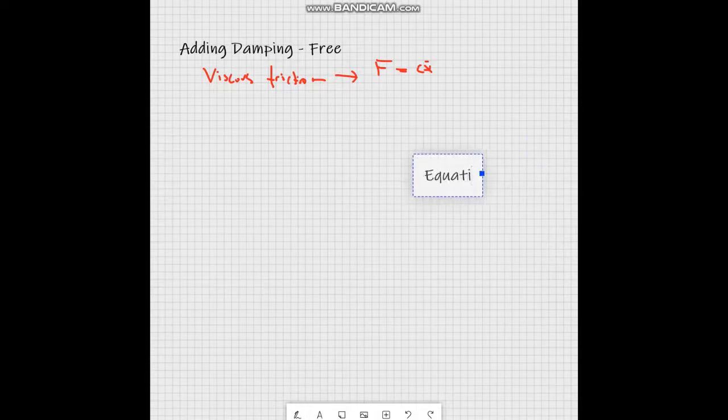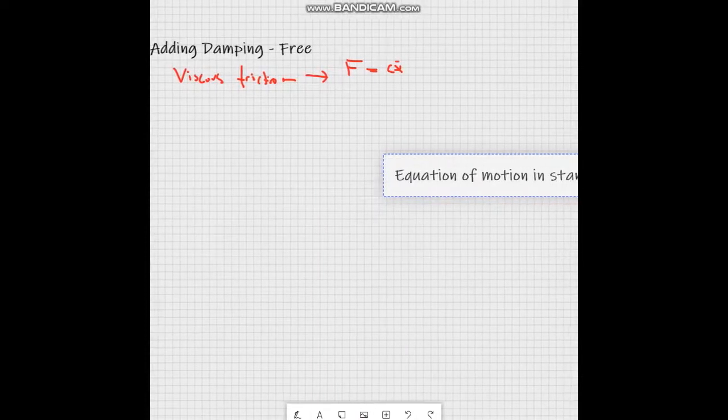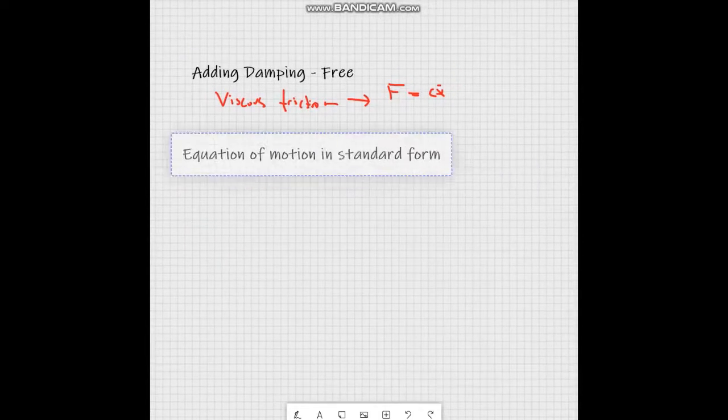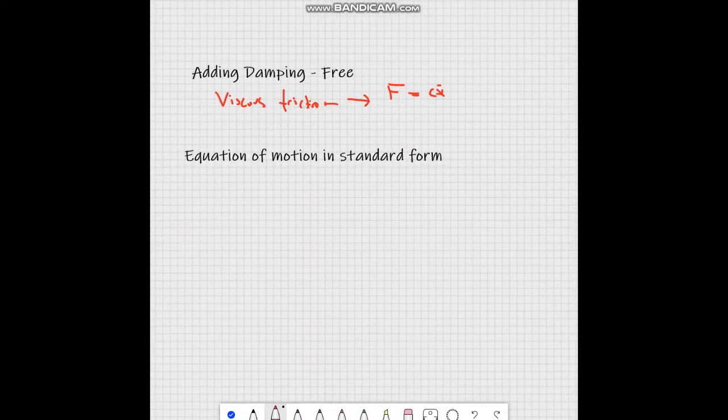Equation of motion in standard form for damping-free vibration. It's going to be x double dot plus, so this c is going to be equal to 2 psi, always say natural frequency, multiplied by the first derivative of x, plus natural frequency squared x is equal to 0.